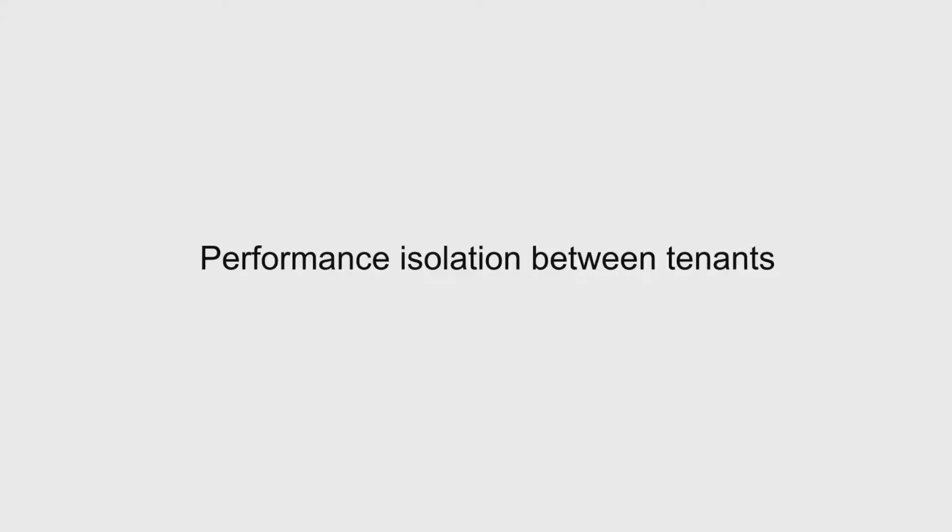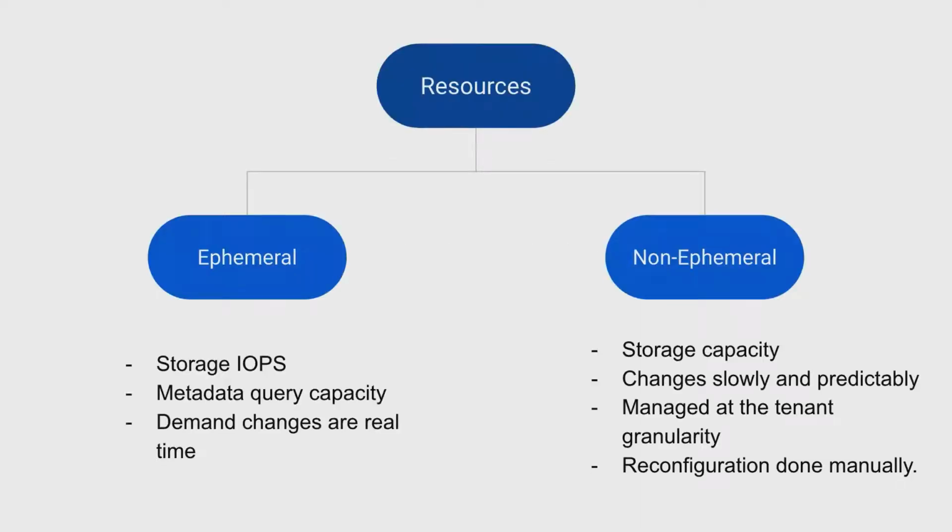The next challenge that Tectonic had to overcome was performance isolation between tenants. For this, Tectonic split its resources into two types: ephemeral and non-ephemeral. Ephemeral resources are storage IOPS and metadata query capacity.